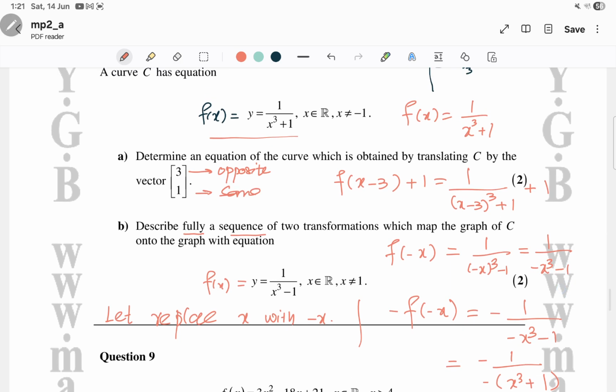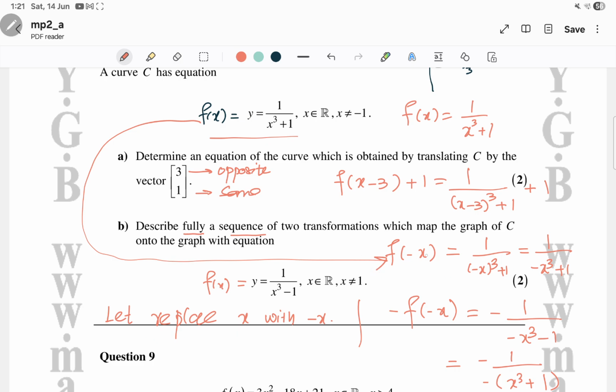Sorry, if we consider the given function f of x equals 1 over x cubed plus 1, we need to replace x with minus x in the given function.